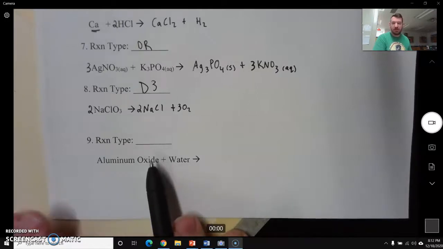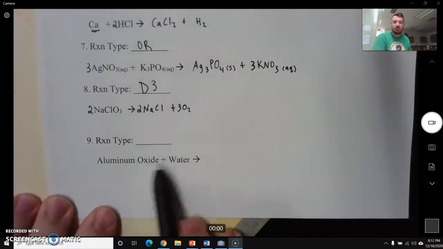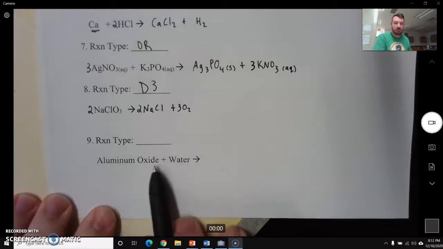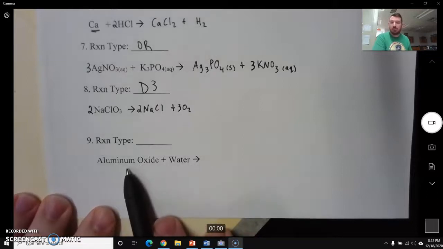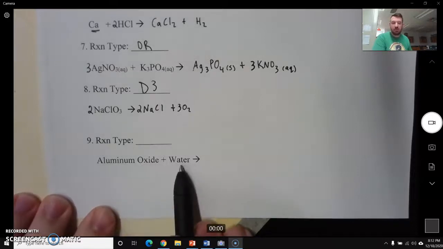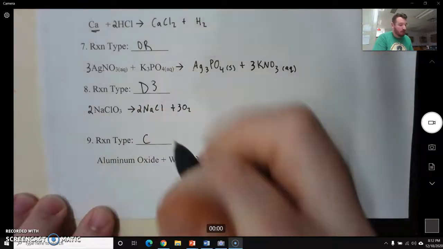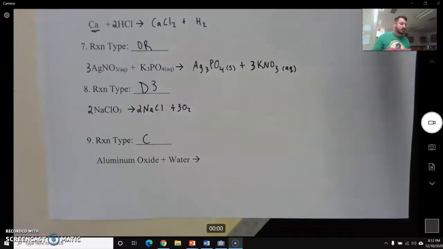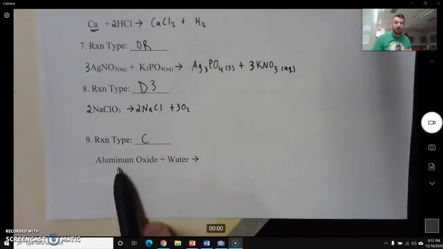Welcome back. All right, so for number 9, we have aluminum oxide plus water. Right. Both of these are compounds, right? But water is not an ionic compound. A lot of times if you see plus water, you should automatically be thinking of a composition reaction. All right, so what type of composition reaction is this? Well, I have a metal, right, aluminum.